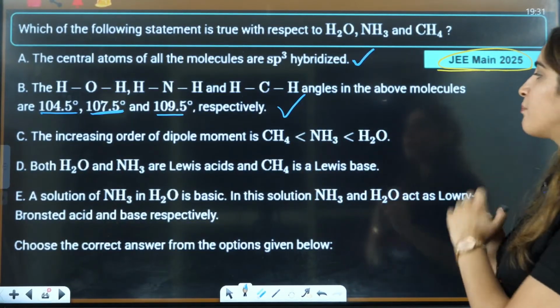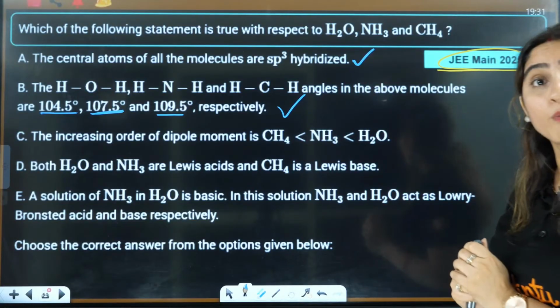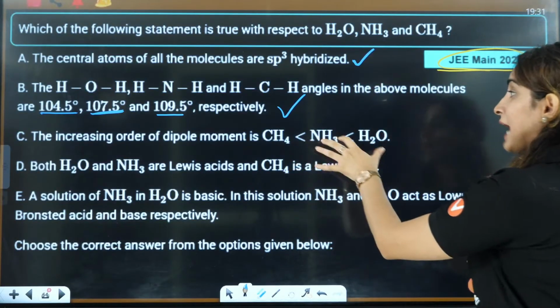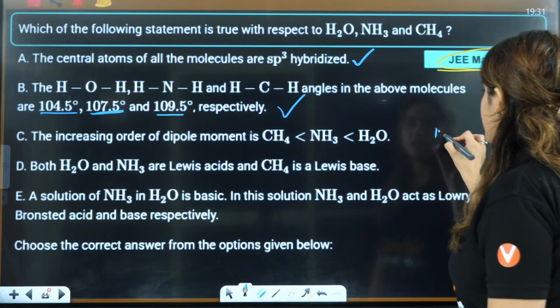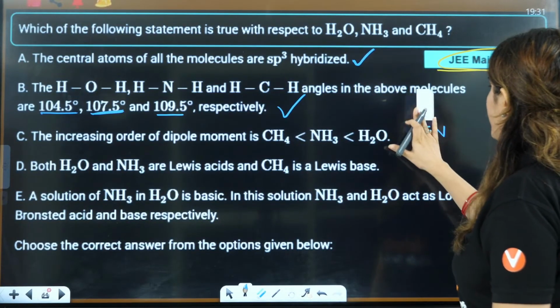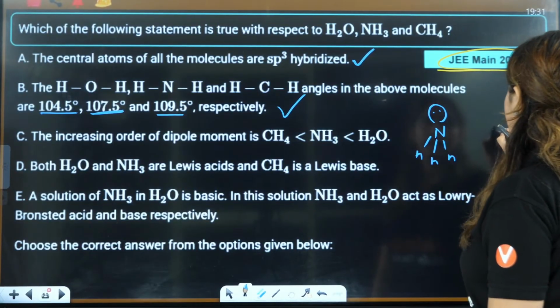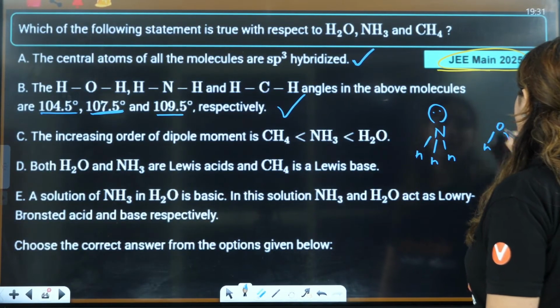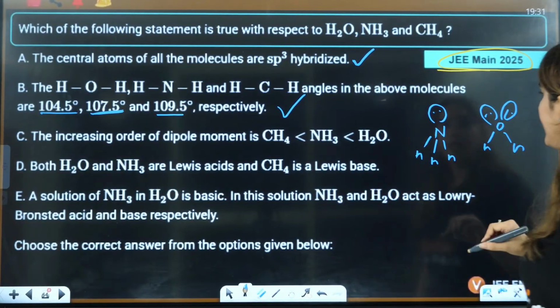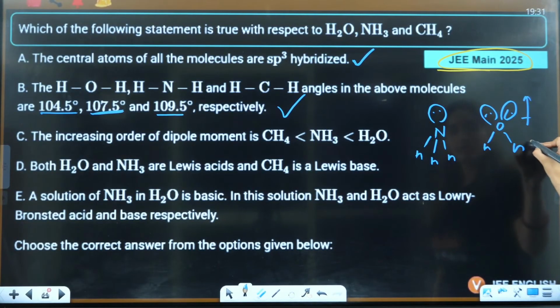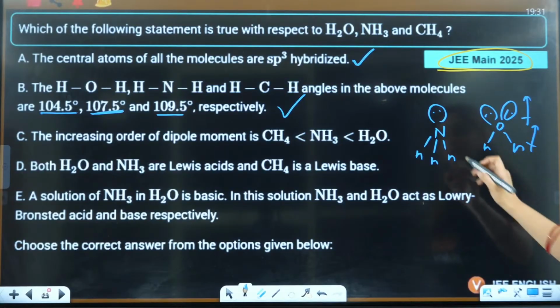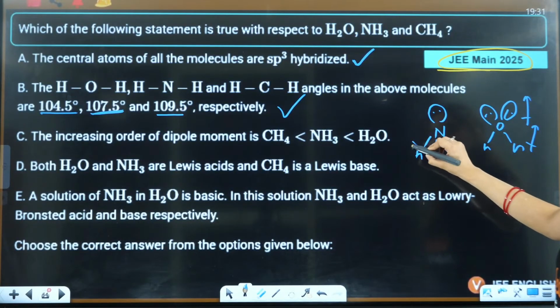Increasing order of dipole moment. I showed you in dipole moment that in NH3 you will have one dipole on each N-H bond, and in H2O on each O-H bond, and they will be added, going from positive to negative.